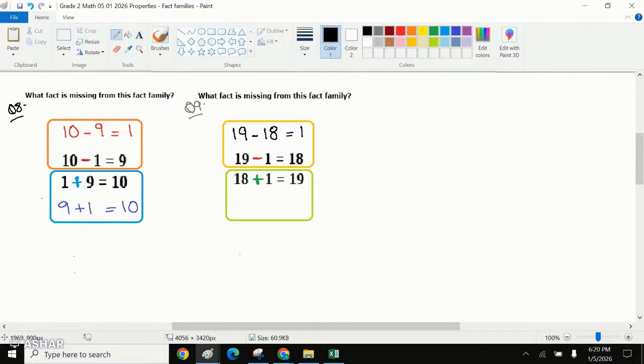What about the positive one? If we look at the addition statements, we did the subtraction statement, right? How about the addition statement? If the addition statement given to us is 18 plus 1 is equals to 19, and your answer is you wrote 1 plus 18 would still be equals to 19, right?